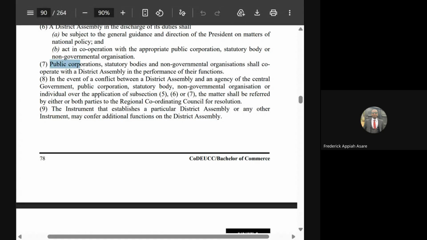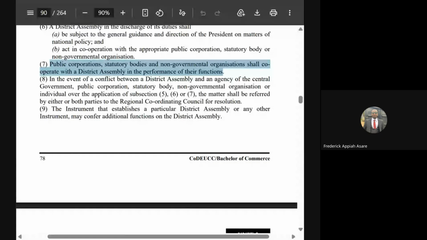Also, the public corporations, statutory bodies, and non-governmental organizations shall cooperate with the district assembly in performance of their functions. So, as the district assemblies are to cooperate with these institutions, they are also to ensure that they cooperate with the institutions as well.